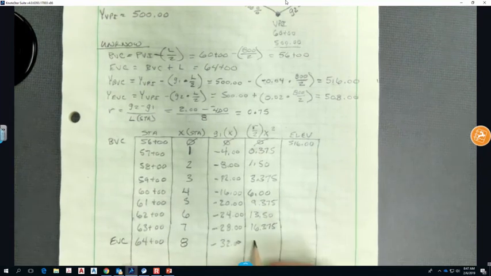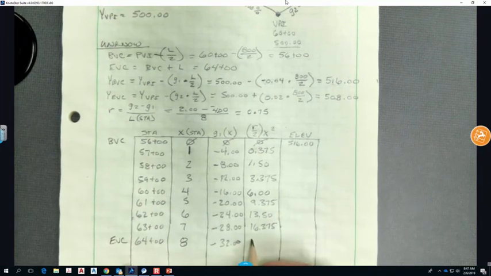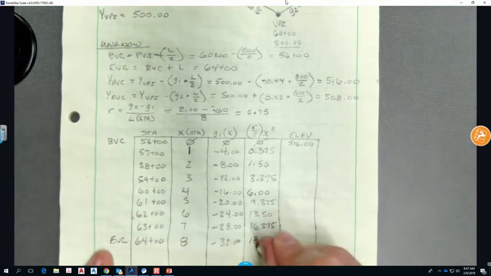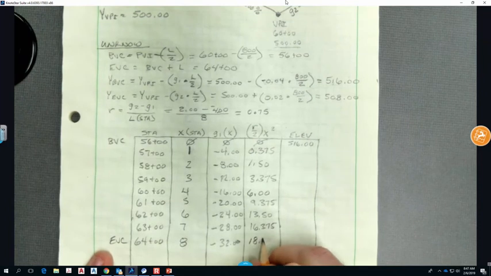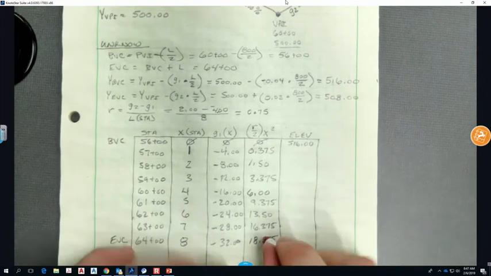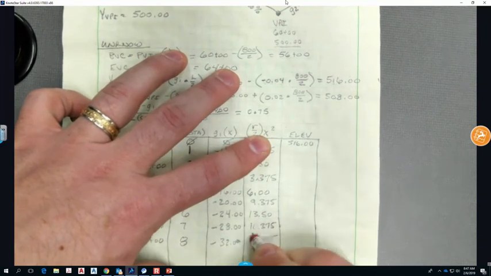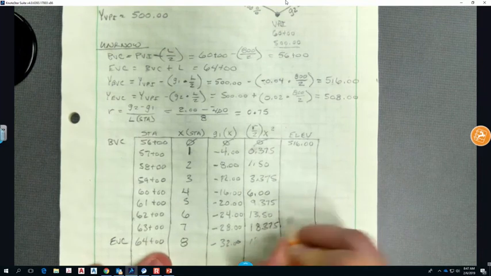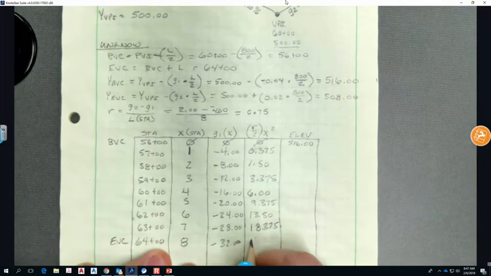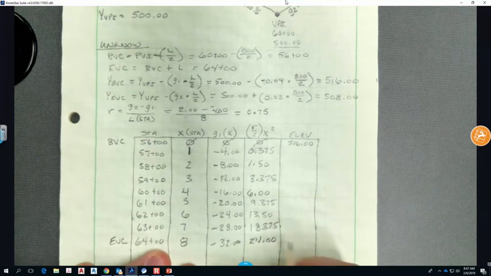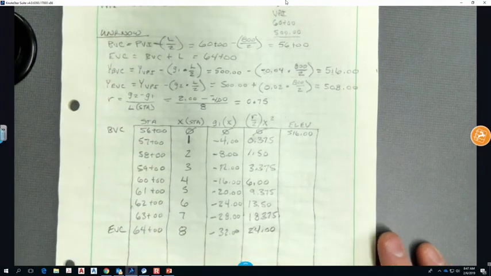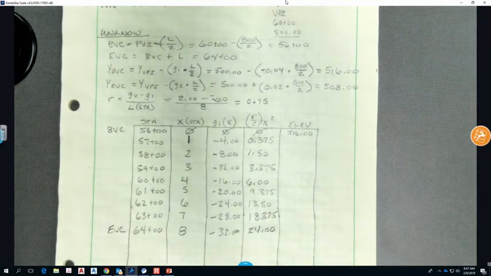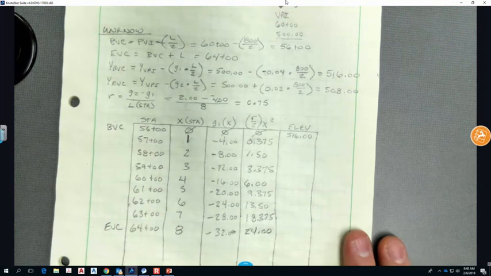And then the last one is 18.375. Oh boy. Okay, so not 16, it's 18.375. And the last one is 24. Thank you. Hard one, I'm not using my calculator. I was just checking to make sure you guys are paying attention. Thank you. Appreciate it.